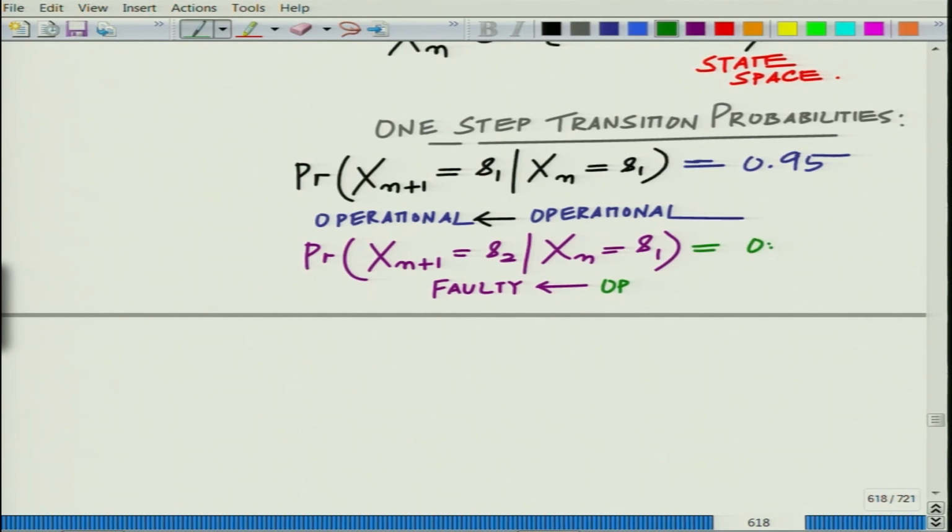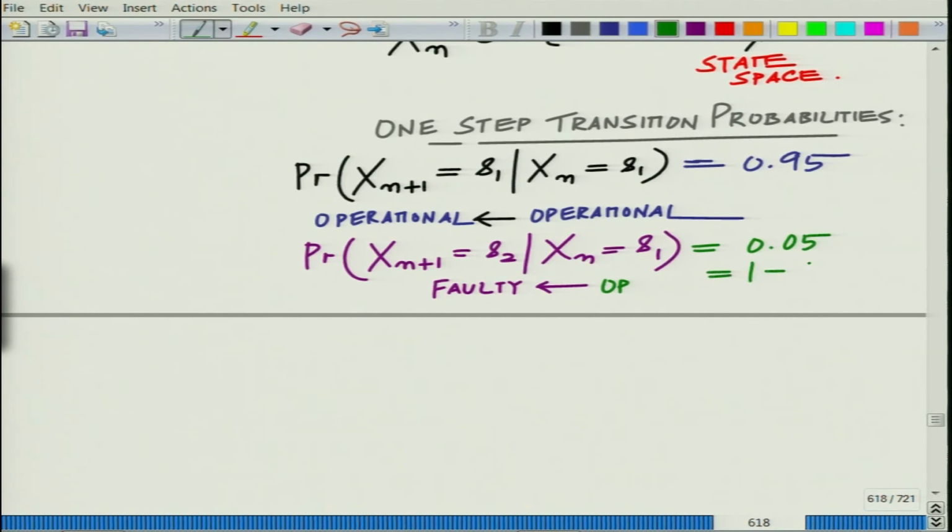Now, remember we take all the probabilities corresponding to each initial state Si, S1, then they should add up to 1. So, naturally probability of Xn plus 1 equal to S1 given Xn equal to S1, that is P11, equals 0.95. So, that automatically means that P12, it goes from operational to faulty, must be equal to 1 minus 0.95, that is 0.05.